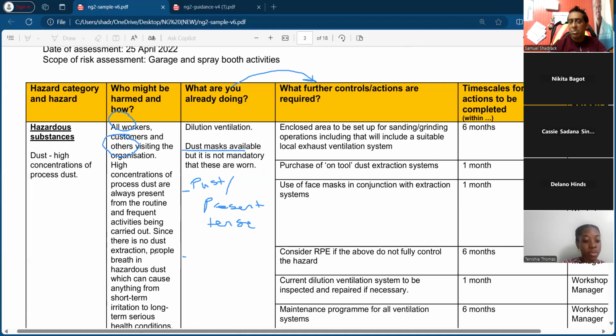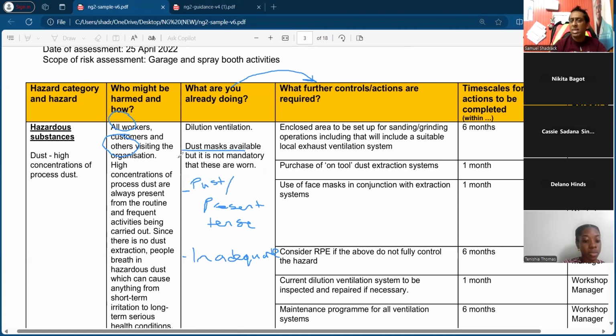So we can put here column three is written in a way that it is inadequate. Basically, we're saying leave room for improvement. So anything you say in column three, you're going to have to kind of shoot it down, like say it's not good enough.